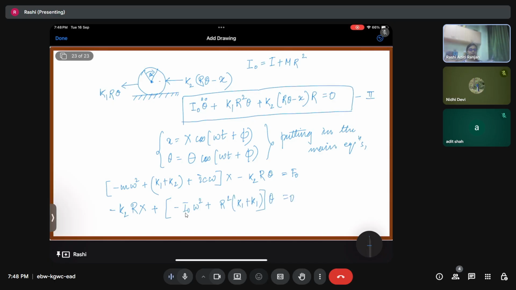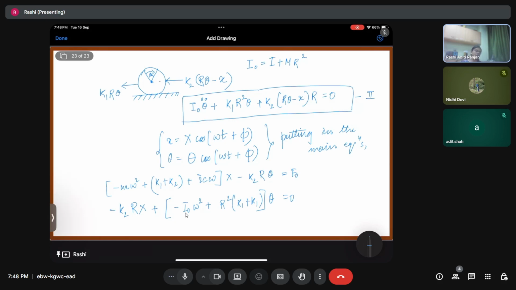We have done nothing. We have taken the solution in terms of cos, differentiated it to get x double dot and theta double dot, put it in the equation, and then did nothing but equate the left hand side and right hand side coefficients of the cos functions. Only cos is going to come, sine is going to come, and then we have an iota with it.